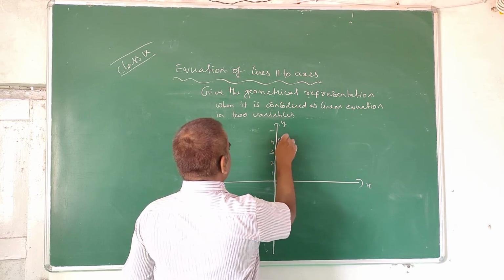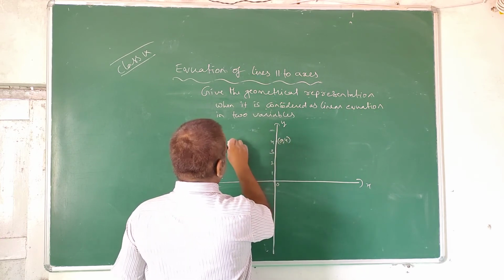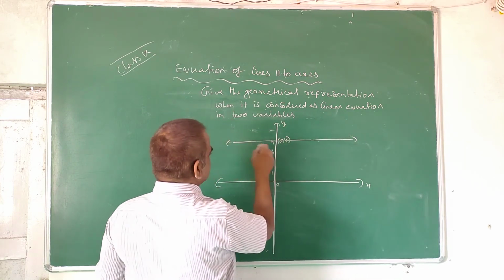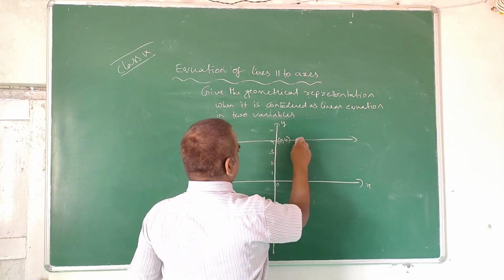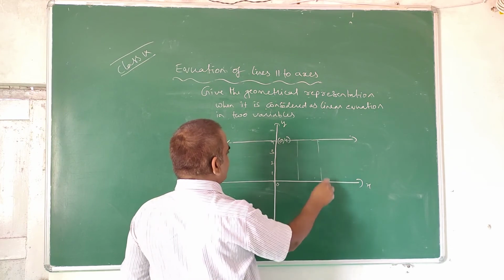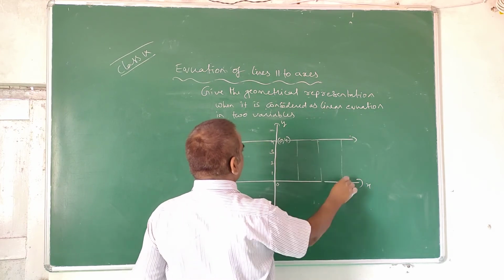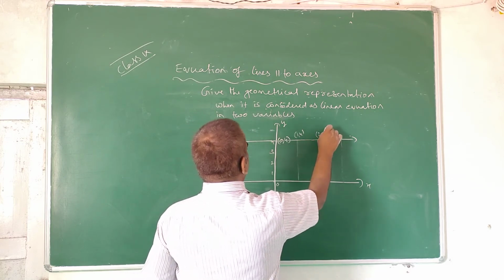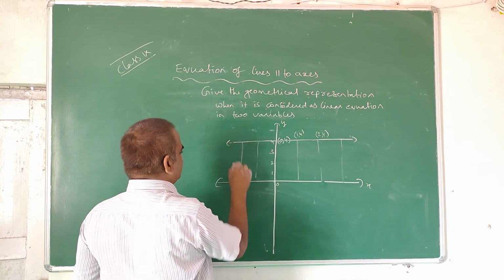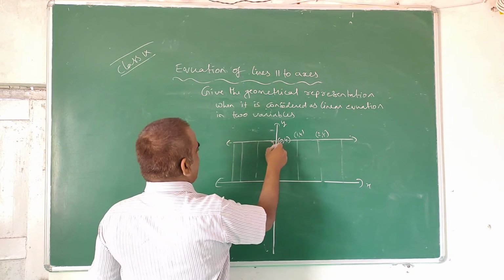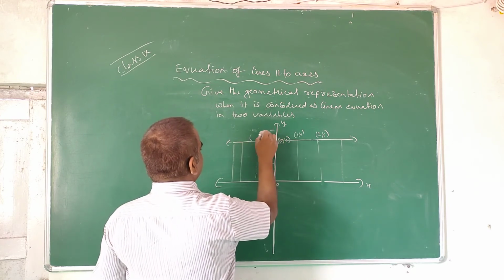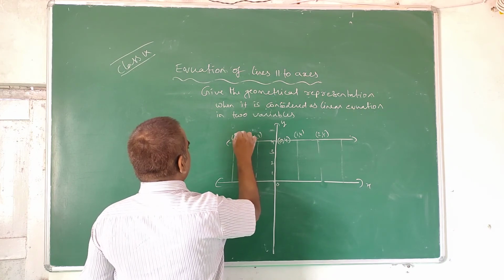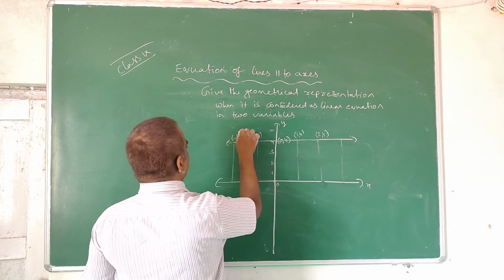Here our (0, 4) will be there, and if you take this line, for every point on this line, that 4 remains constant. So this is something like (1, 4), this is something like (2, 4), and on this side also that 4 remains constant, but that abscissa may change. Say this is (-2, 4). I am just taking a rough diagram only. So (-3, 4), (-5, 4), something like that.